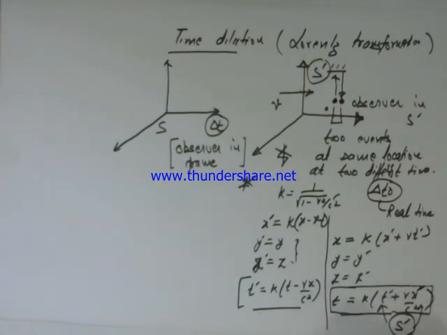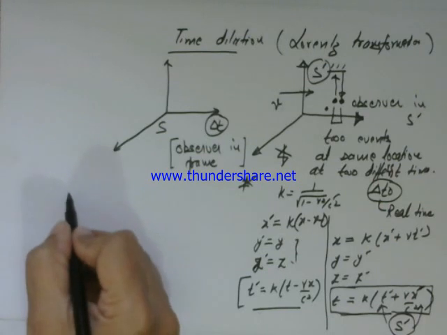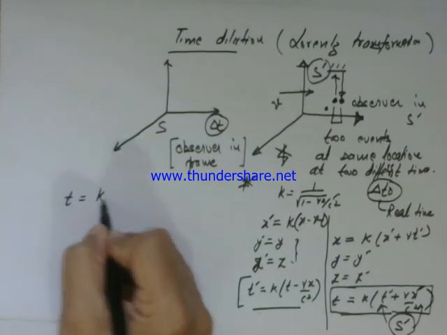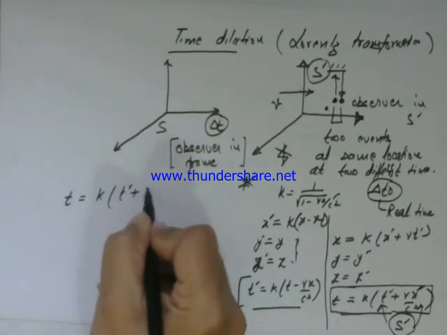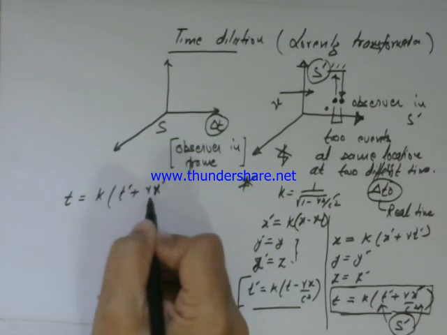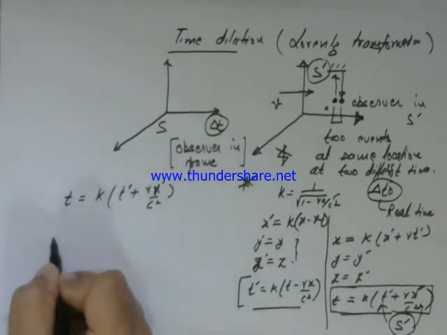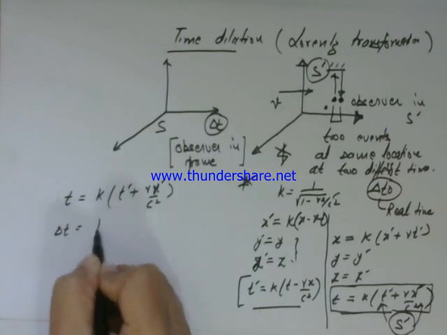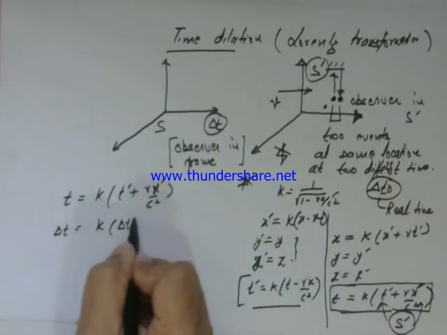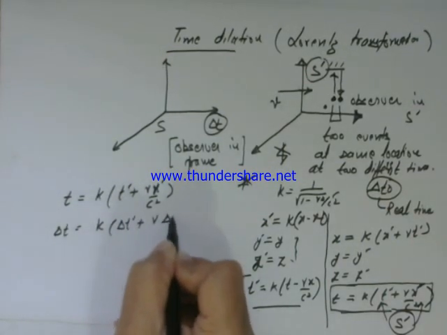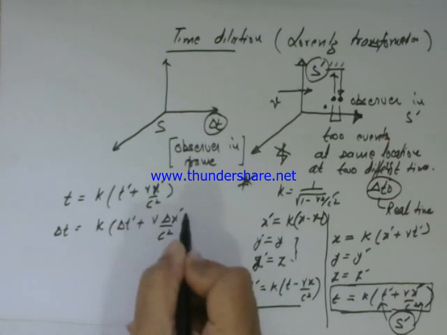So we use this relationship where we know t dash and x dash, and we have to find the time t that is in the fixed reference frame. So t is k times (t dash plus v x dash upon c square), or delta t would be equal to k times (delta t dash plus v delta x dash upon c square).